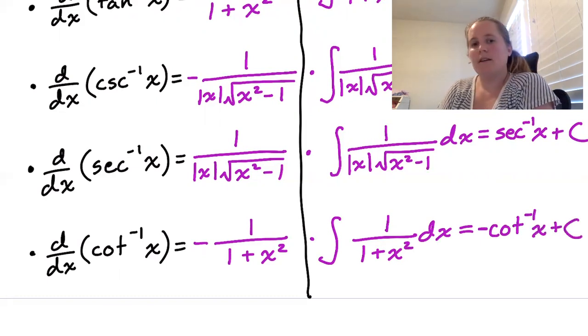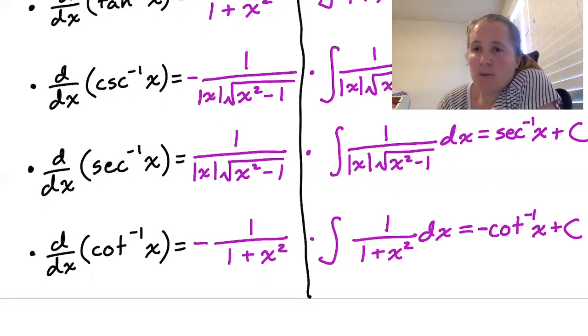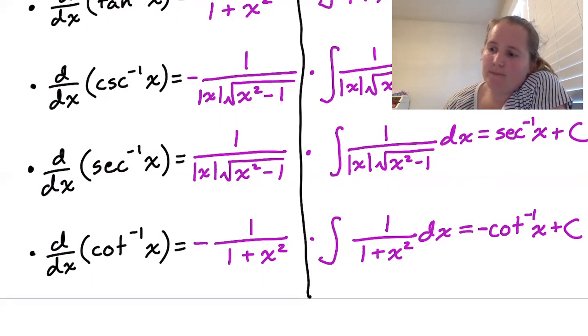So again, because the derivatives just differ by positive or negative, we wind up getting multiple inverse trig functions. When we look at the integral equivalent, we're basically working with the same integral.